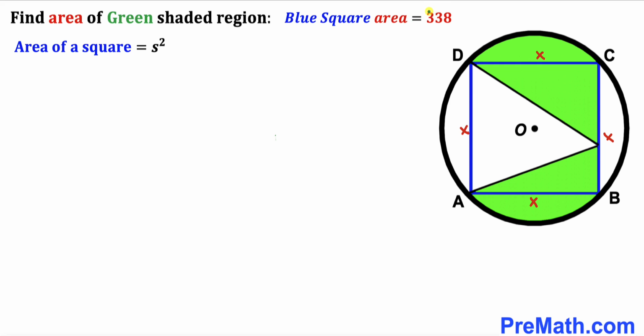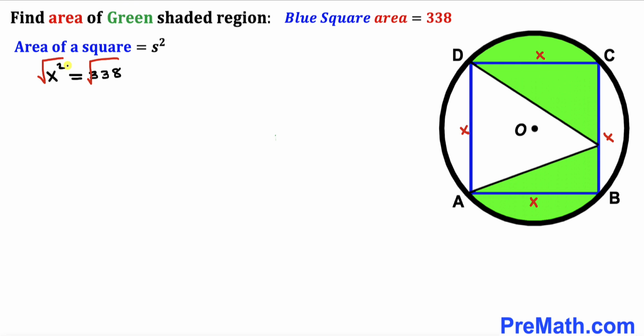In our case, the area of this blue square has been given to us as 338, and the side length is x. So we can write down x square equal to 338. Let me take the square root on both sides to undo this square.